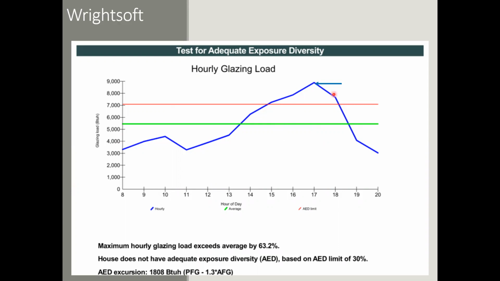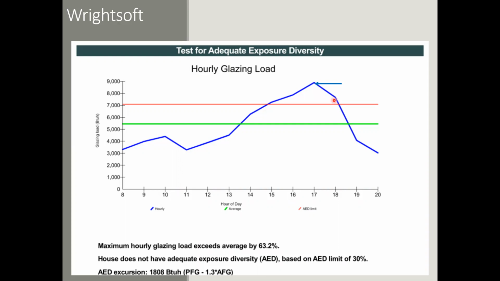This is considered the excursion. Okay, it's what's over here. The only time we need to be worried about it. So as far as plan reviewers and code folks, we don't care about this. I'm just explaining what this is so you're not confused. Code doesn't care.